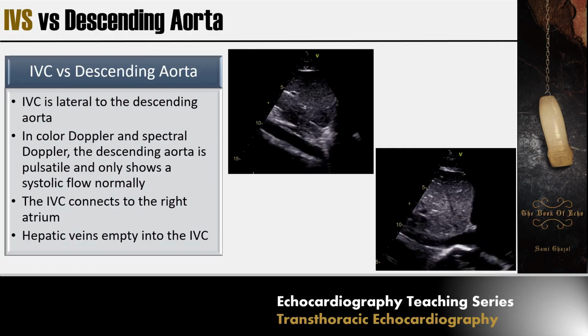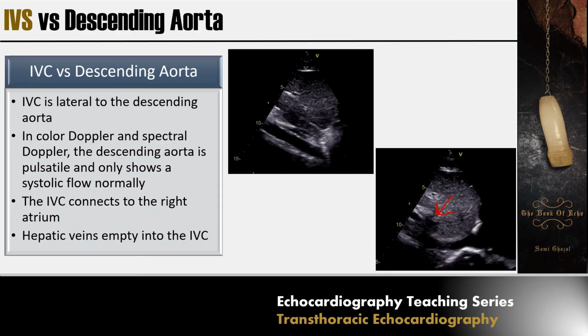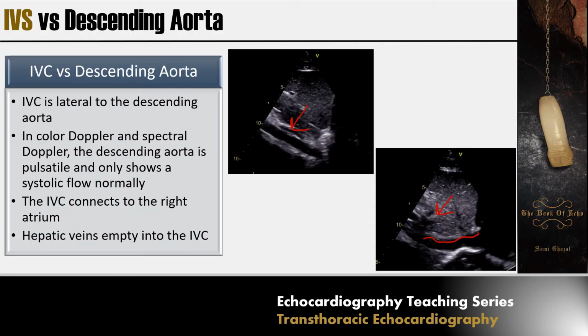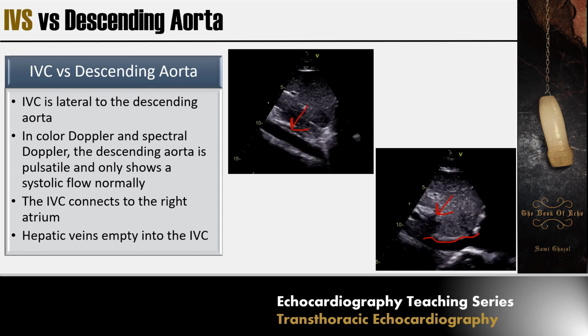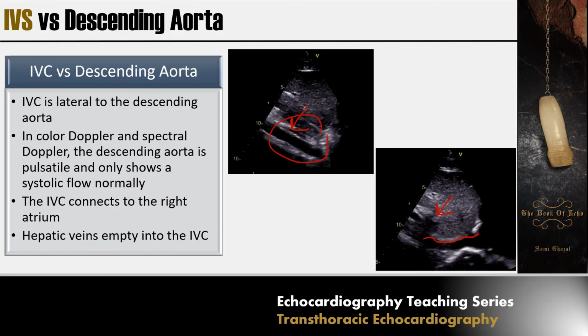So if you look at the IVC, you will notice that it has a wavy motion and it collapses in a wavy way. However, the descending aorta has a pulsatile motion and it does not collapse. Another thing, if you put a color Doppler on the descending aorta, you will notice a pulsatile flow.